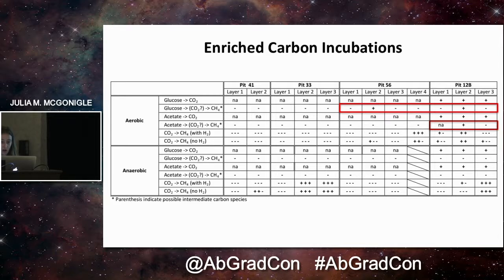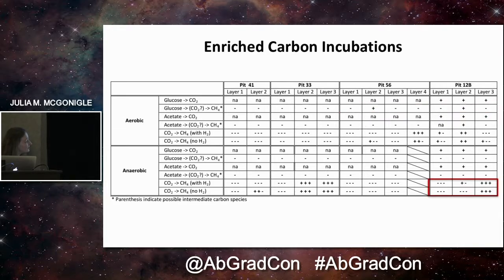Let me go on to what's going on. So that was what I just mentioned, where you have no methane production right here from bicarbonate also in layer 1.